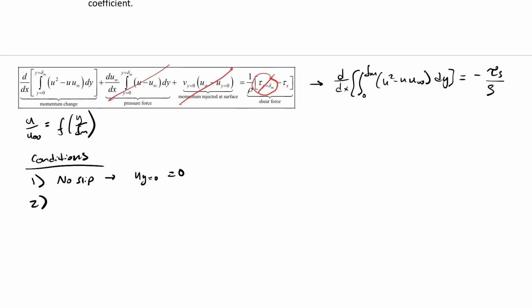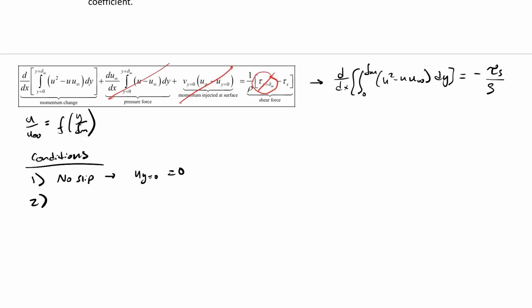The second thing we want to do is force the boundary layer velocity to match u infinity. So what I'm saying there is u at y equals delta m, right at the edge of the boundary layer, is equal to u infinity. And so that's 2 things we need our equation to do.